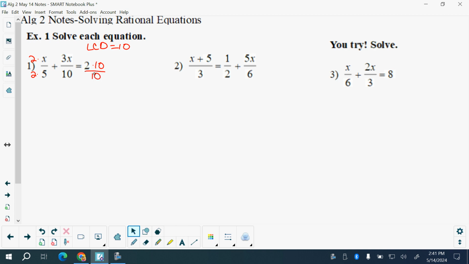So now we're going to get 2x over 10 plus 3x over 10 equals 20 over 10. So is there a way I can get rid of the fraction?